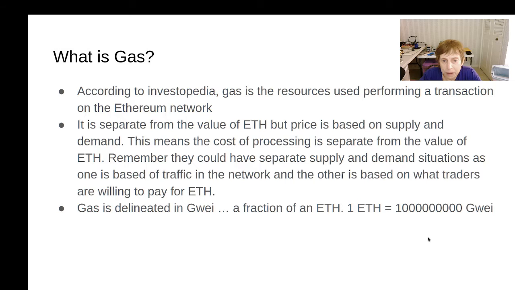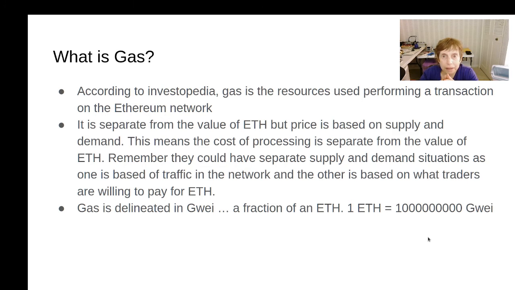According to Investopedia, gas is the resources used for performing transactions on the Ethereum network. So it's separate from the value of ETH itself because they have two different supply and demand, right? Gas is based on how busy the network is, what's the supply and demand of processing power on the Ethereum chain.